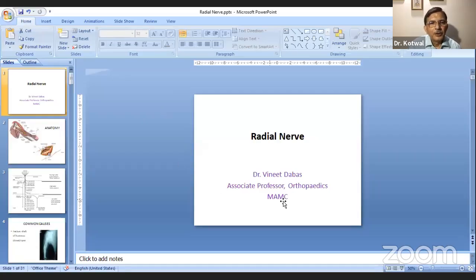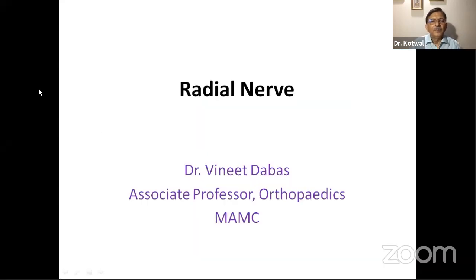Yeah, sure. Dr. Kotwal, what all tendon transfers are to be done for median nerve palsy, thumb opposition and FDS? For opposition, opponensplasty, there are multiple tendons available. And if there is only median nerve paralysis, then you can take the flexor digitorum sublimis from the ring finger and do the opponensplasty.